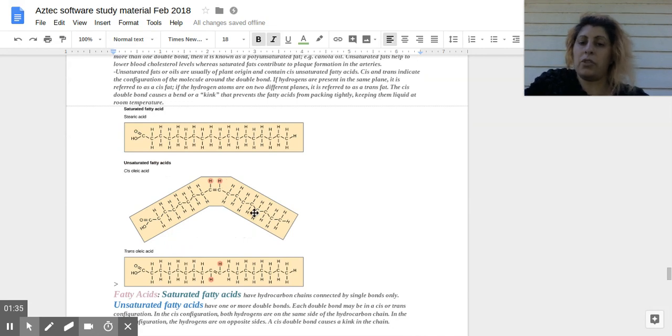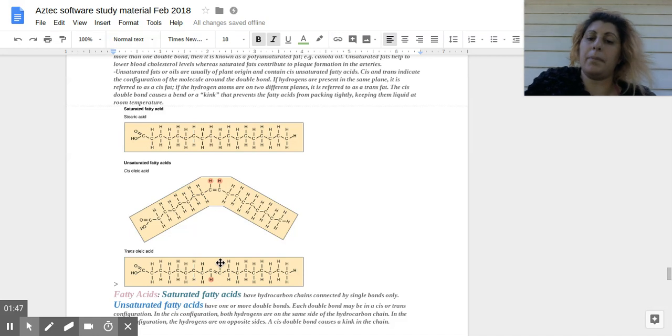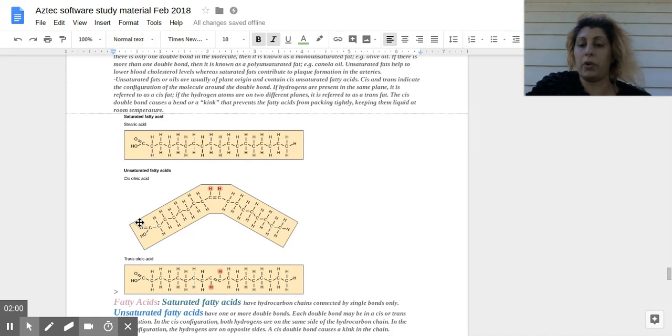In this conformation, there's a kink in the chain of hydrocarbons, making it fluid, or oil. However, if you have a double bond but trans hydrogens on the opposite planes of the unsaturated molecule, you're still going to have a straight chain, so there's no kink, therefore it's more solid.